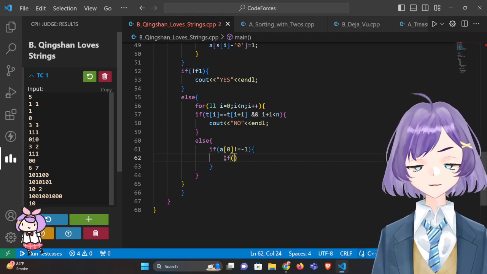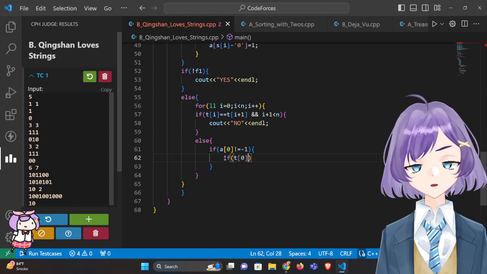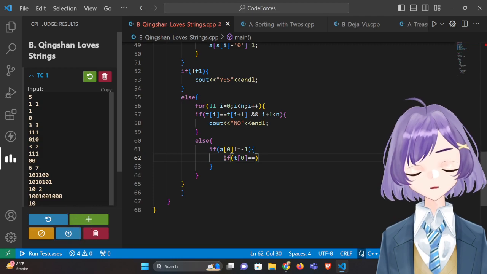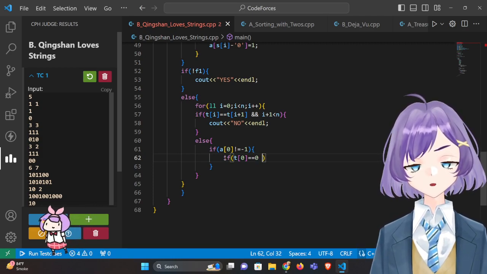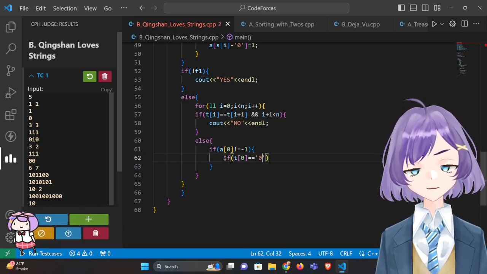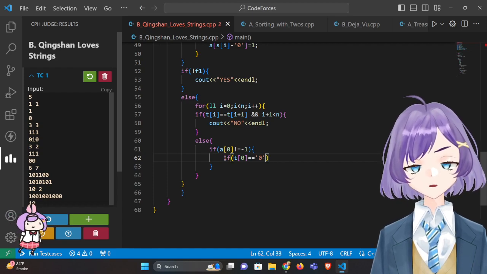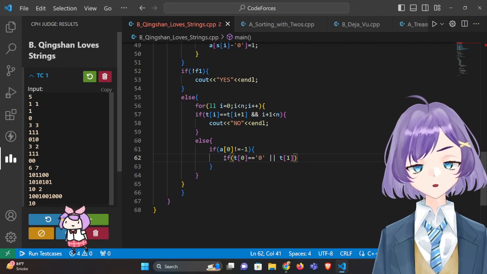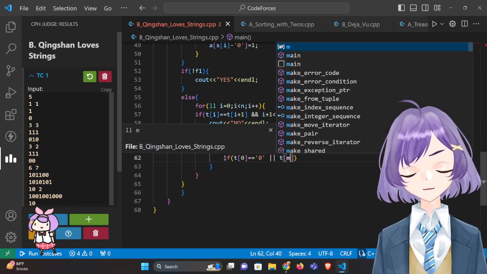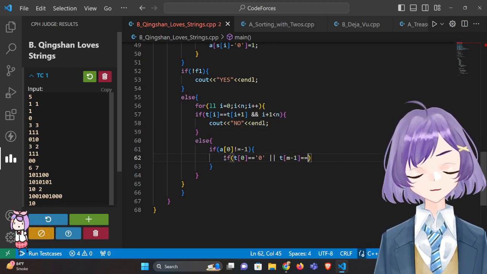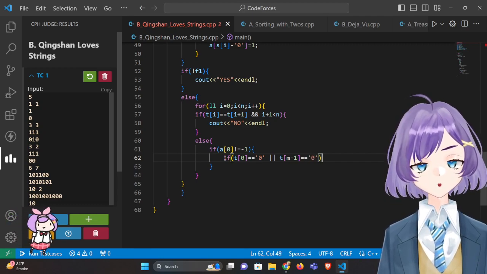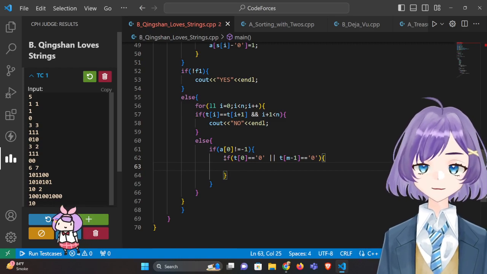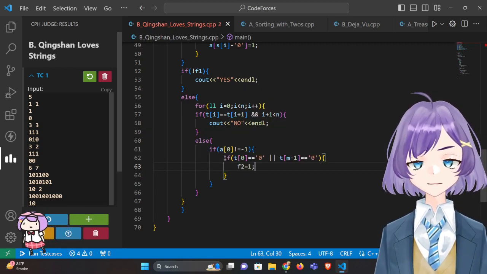If either t of 0 is equal to 0 or t of m minus 1 is equal to 0, f2 equals 1.